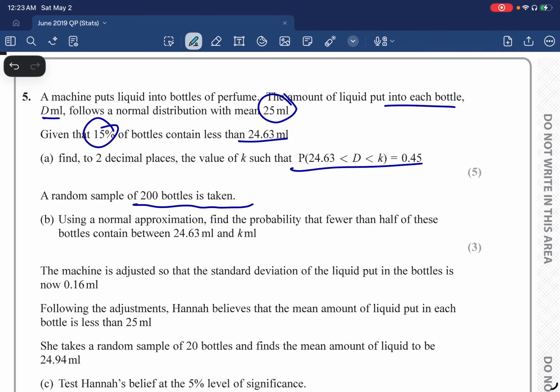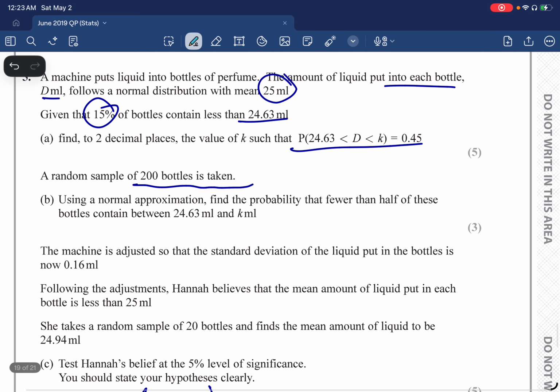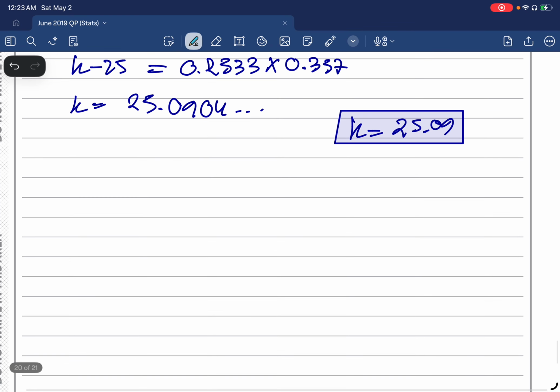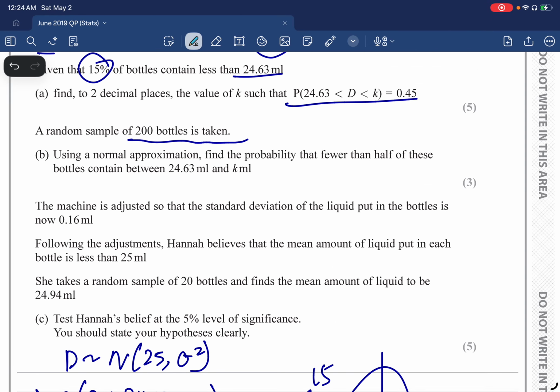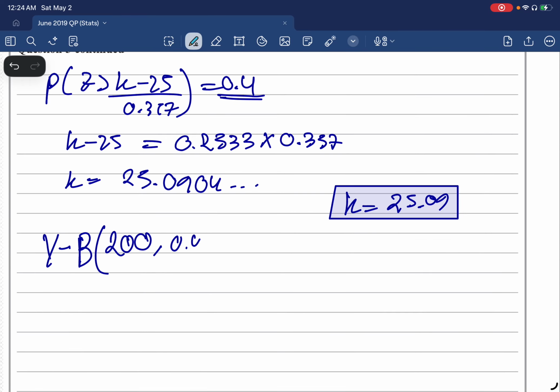Okay, so a normal approximation. So now our range has become that the bottles are contained between, so now the percentage is 0.45.